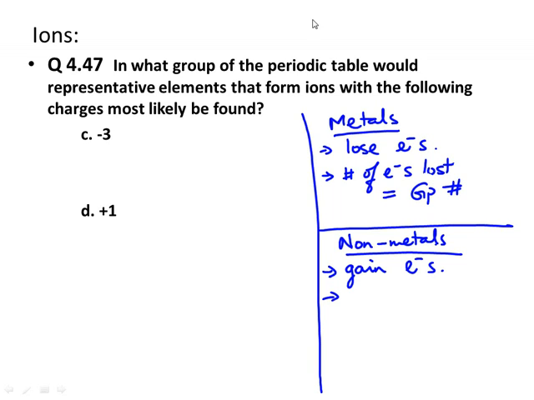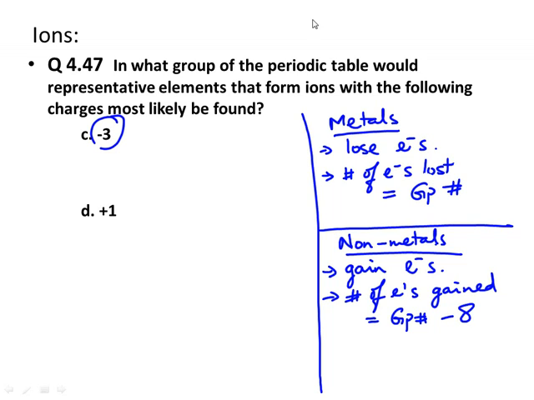And number two, the number of electrons gained by these non-metallic ions will be equal to the group number minus 8. So whatever extra electrons are needed in order to get to the closest noble gas is how many electrons these atoms will gain.